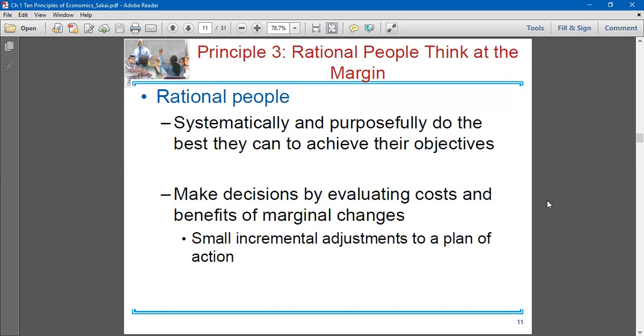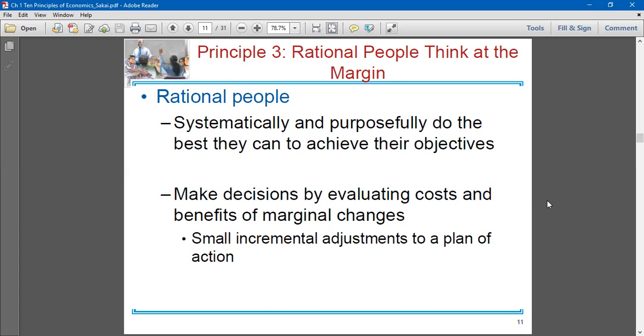So when we assume that people are rational, it means that they sit up and make systematic decisions in order to get the best out of whatever situation they find themselves in. We have our desires, our goals, aspirations, the objectives, so we try our best to do things that will grant us our wishes.